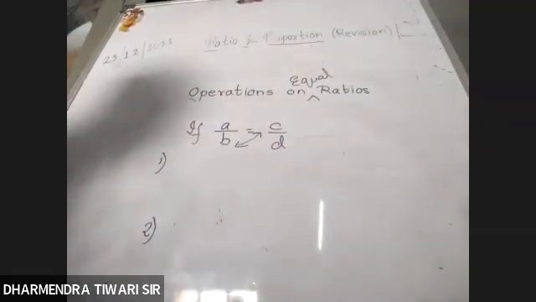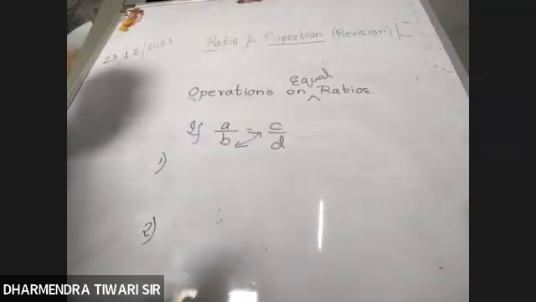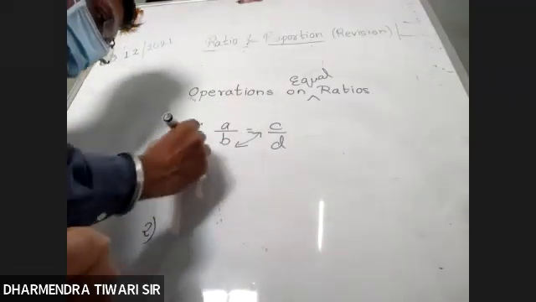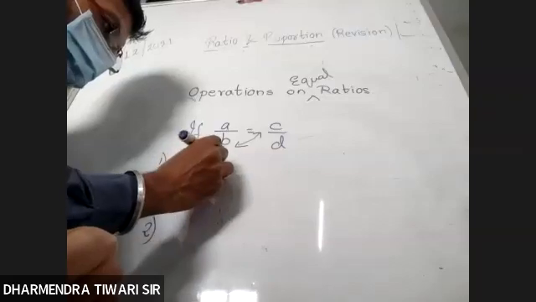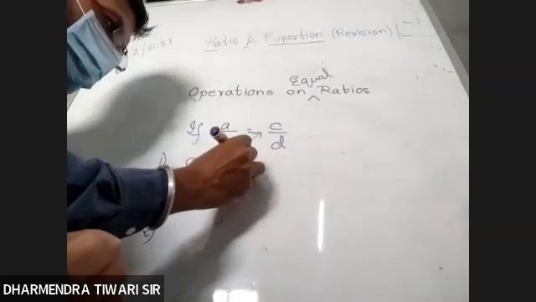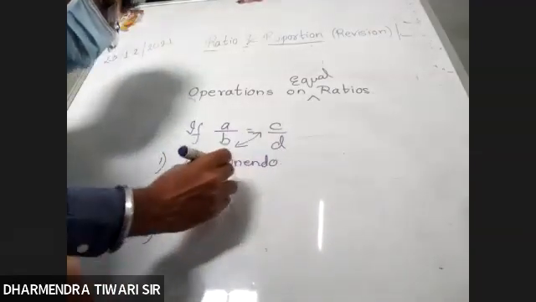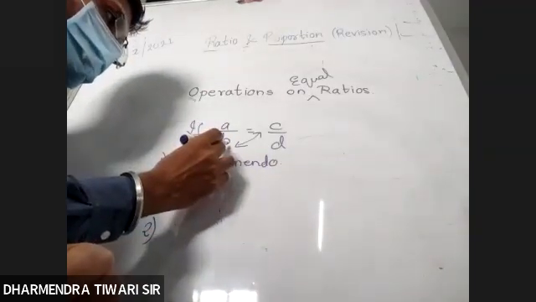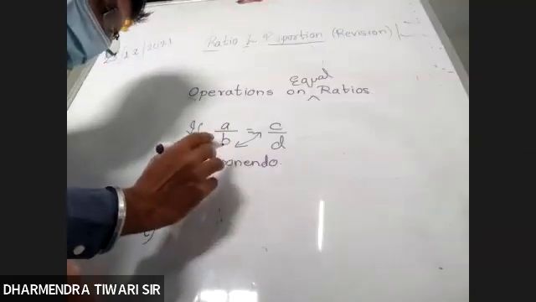The next operation is componendo. In componendo, if we have A by B equal to C by D, then by componendo we add the denominator to the numerator.